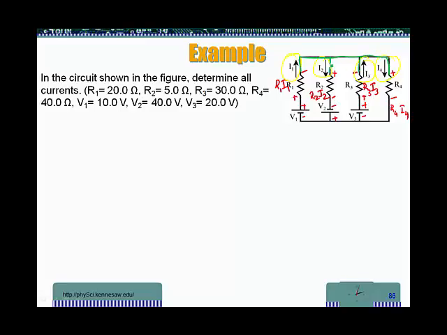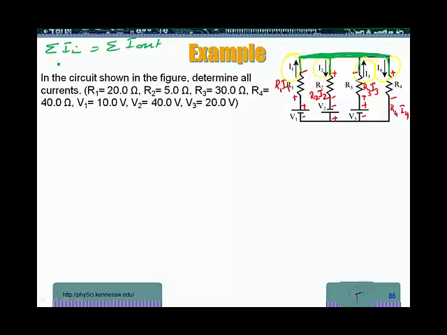So all of them are essentially one point. That point, I have I1 going into it, I2 coming out of it, I3 going into it, and I4 coming out of it. So the junction rule, which says sum of I in is equal to the sum of I out.